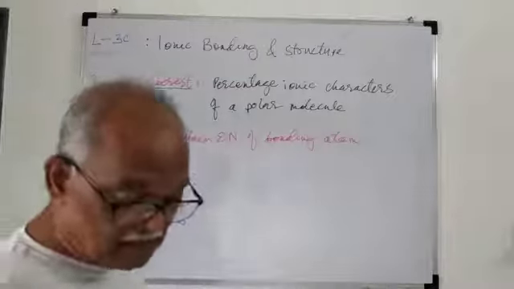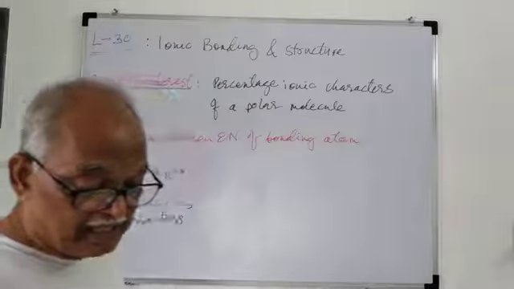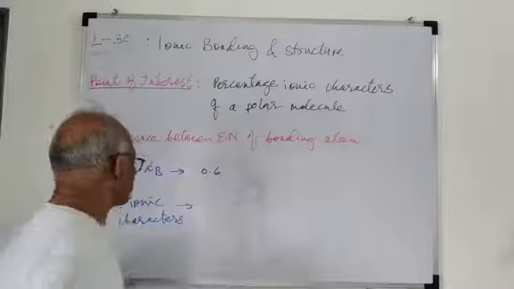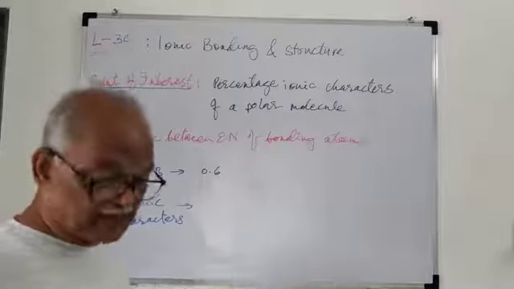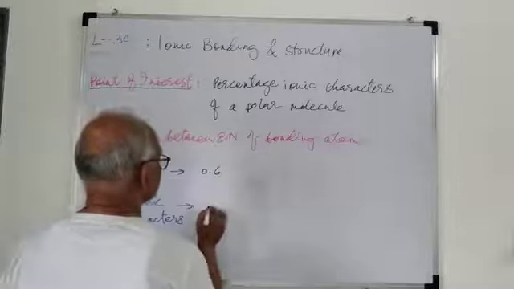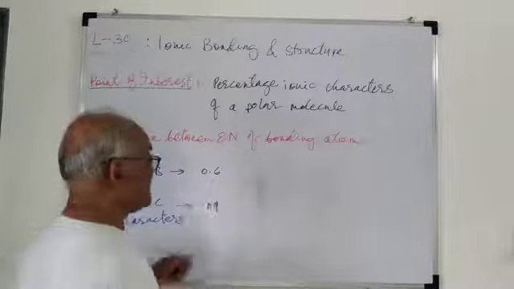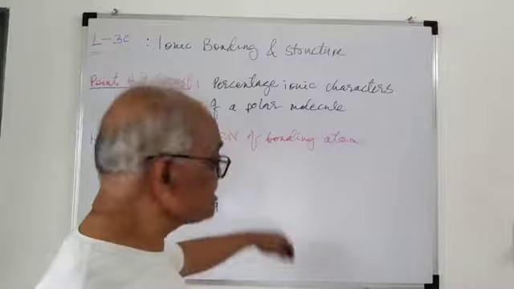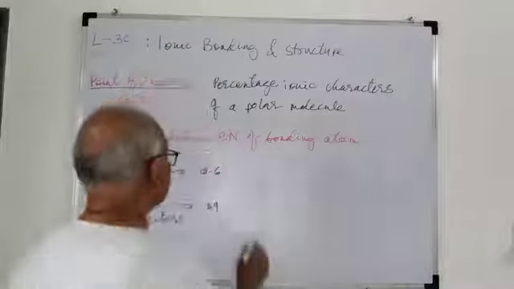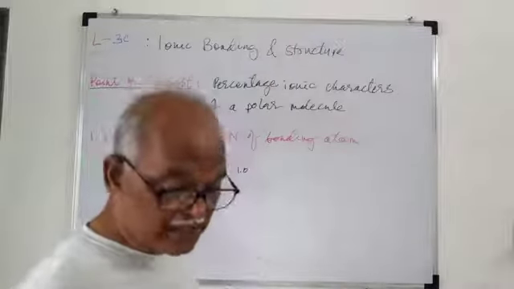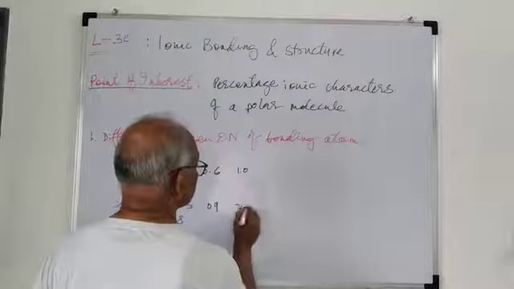When Xa minus Xb is 0.6, the percentage ionic characters are 9%. If the value increases to 1.0, the percentage also increases, it becomes 22.